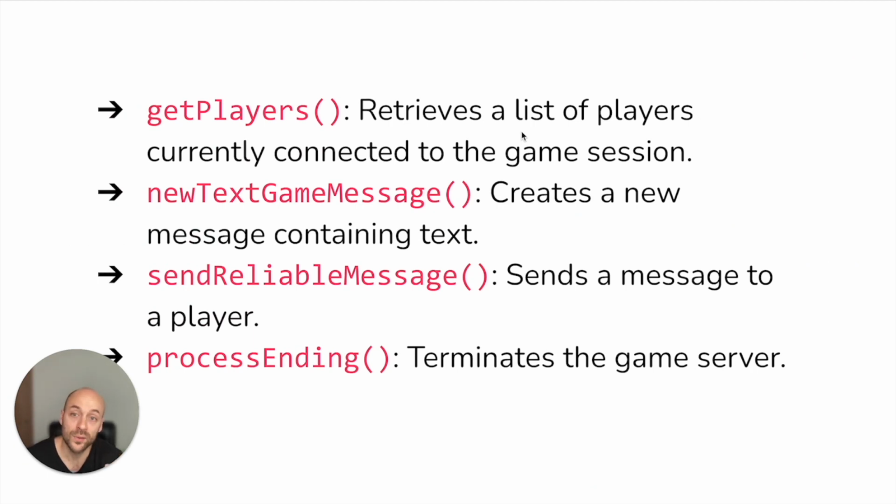First, we have the getPlayers function that retrieves a list of players currently connected to the game session. Then the newTextGameMessage function that creates a new message containing text. Then the sendReliableMessage that allows sending a message to a specific player. And then finally the processEnding function that allows terminating the game server.